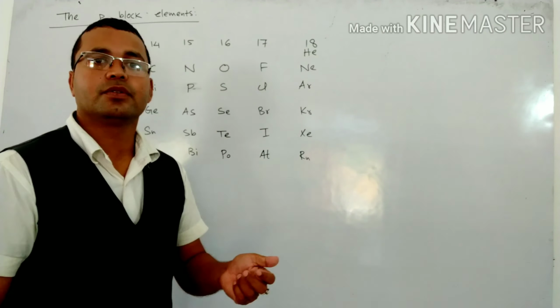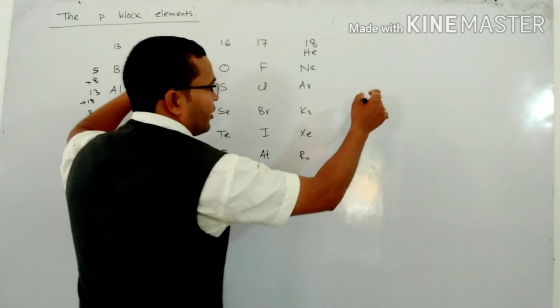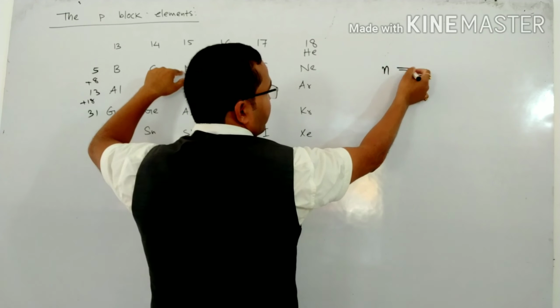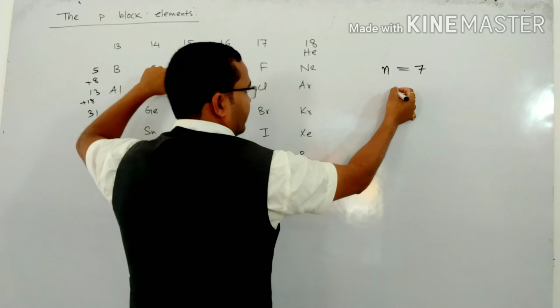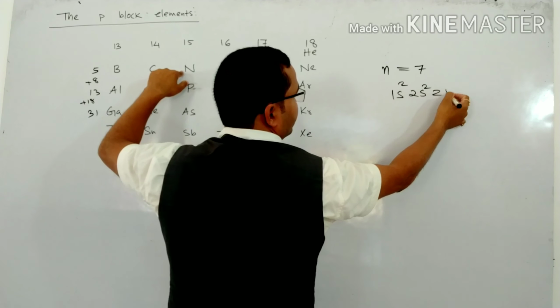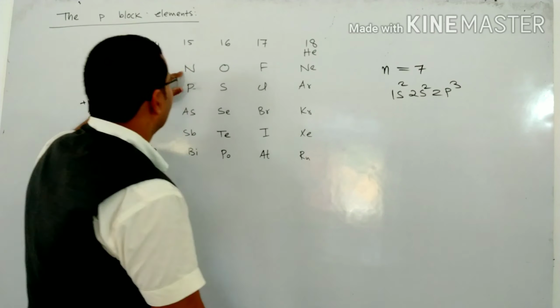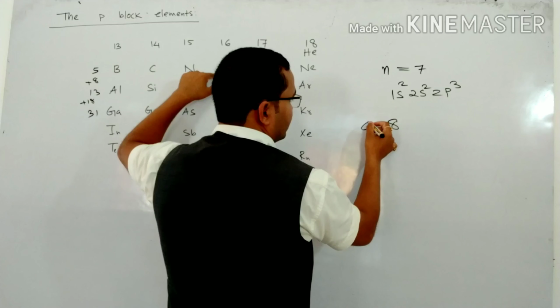Okay, so why is it called a p-block element? Let us see. For example, the atomic number of nitrogen is what? 7. So the electronic configuration is 1s2, 2s2, 2p3. For oxygen, the atomic number is 8.